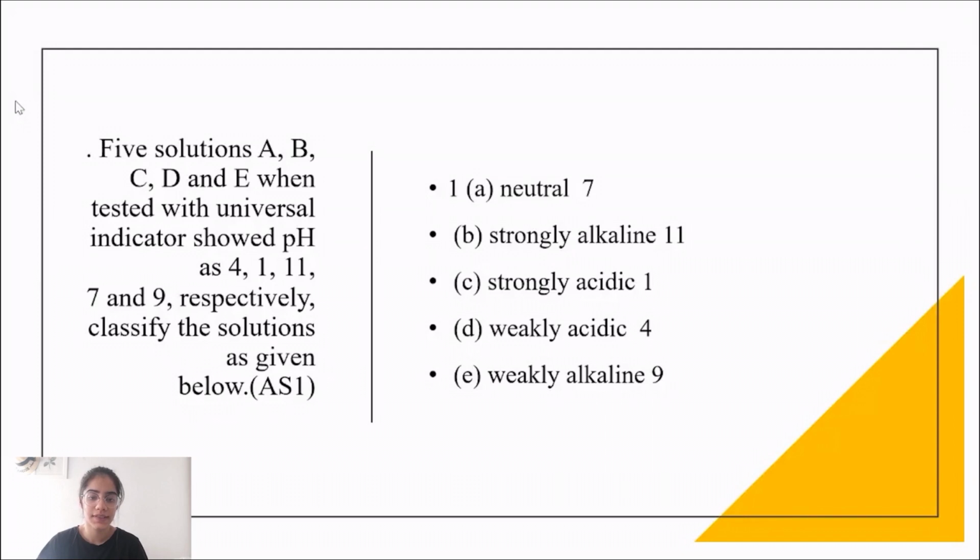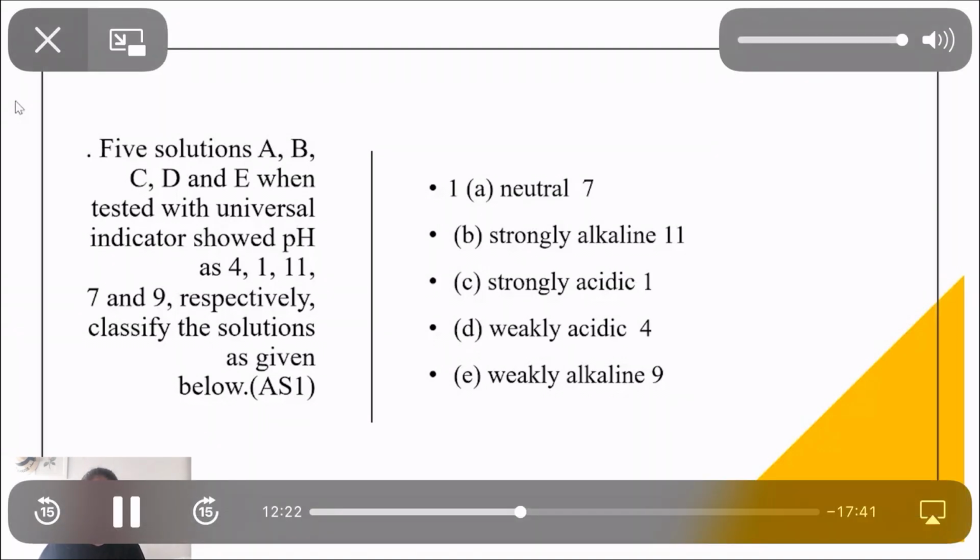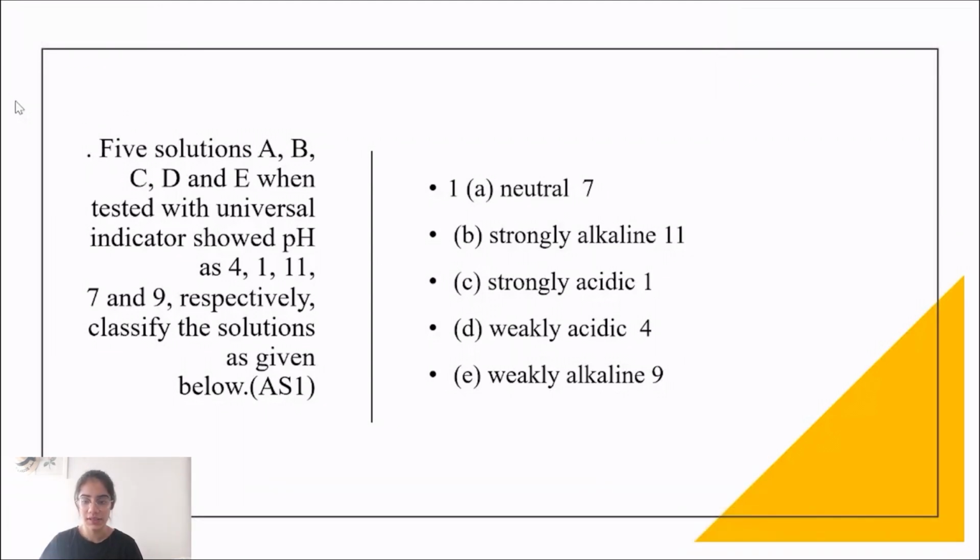5 solutions A, B, C, D and E, when tested with universal indicator, showed a pH of 4, 1, 11, 7 and 9 respectively. So A showed 4, B showed 1, C showed 11, D showed 7 and E showed 9. You have to classify which ones are weakly acidic, weakly basic, neutral, strongly acidic and strongly alkaline.